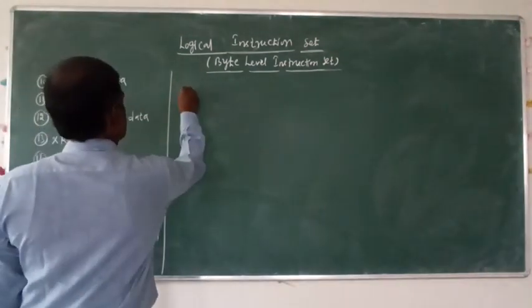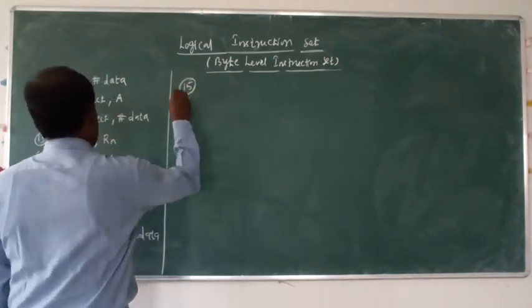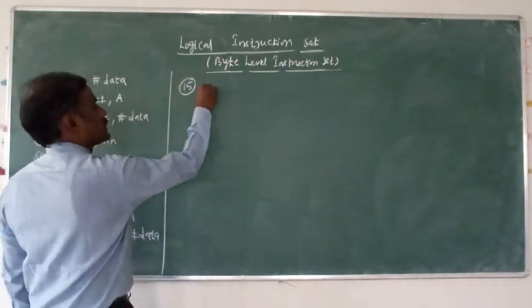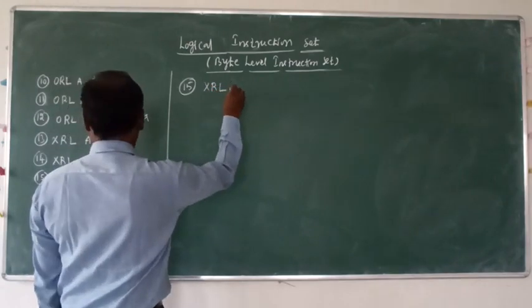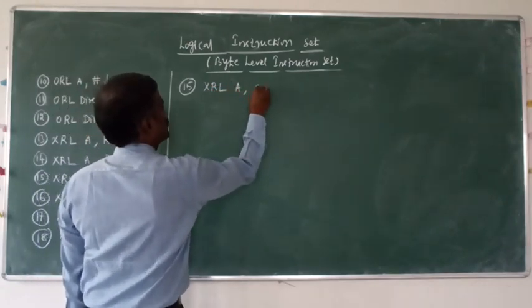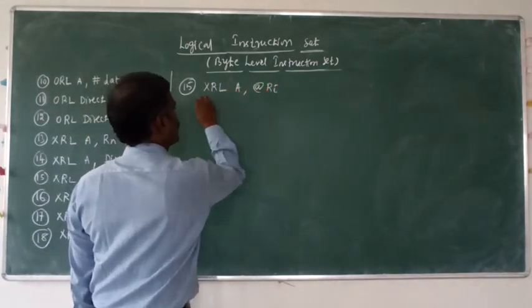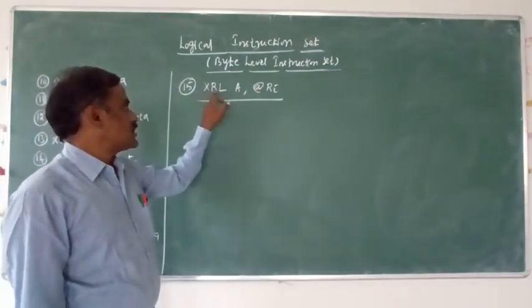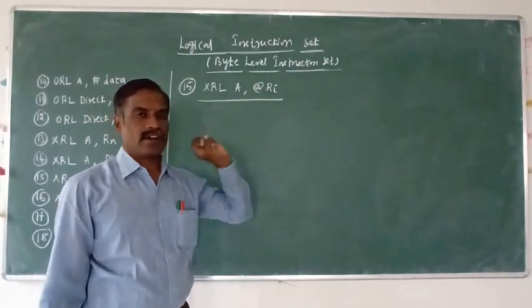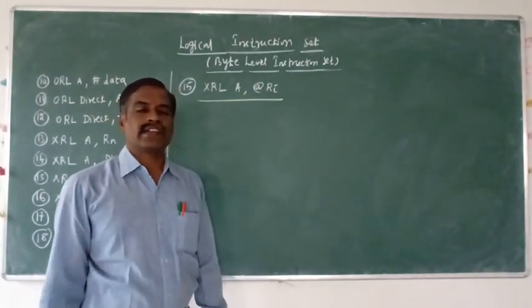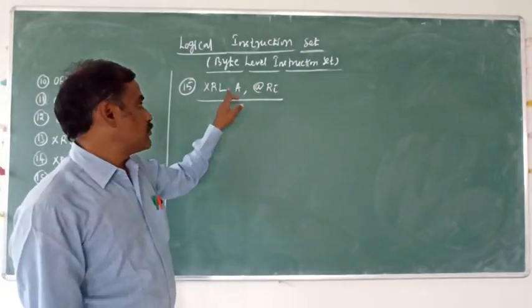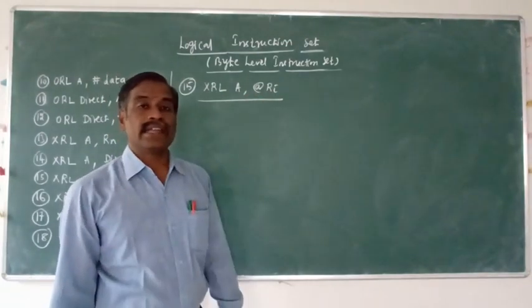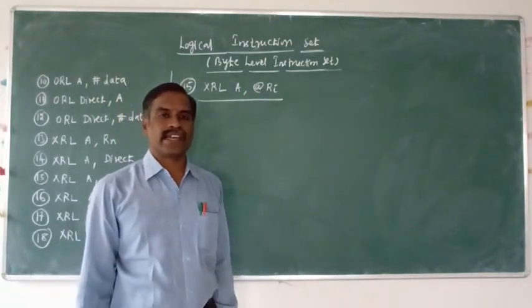Next, the 15th instruction: XRL A, @Ri. This is also exclusive-OR of the accumulator data with indirect memory address location data.